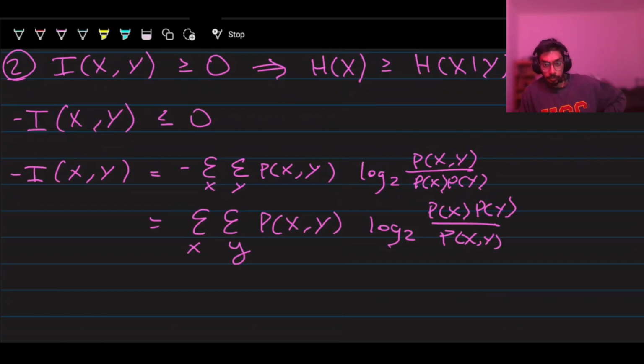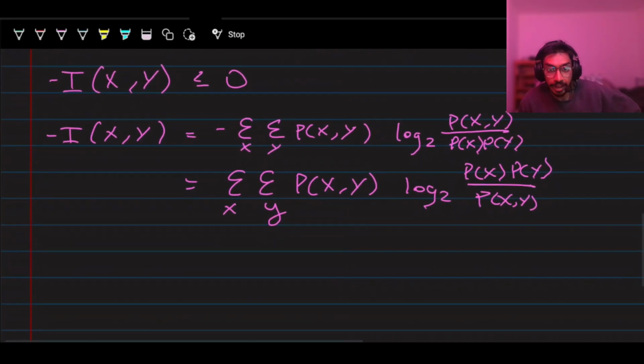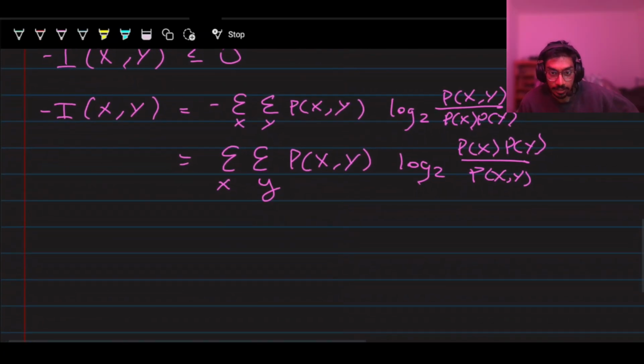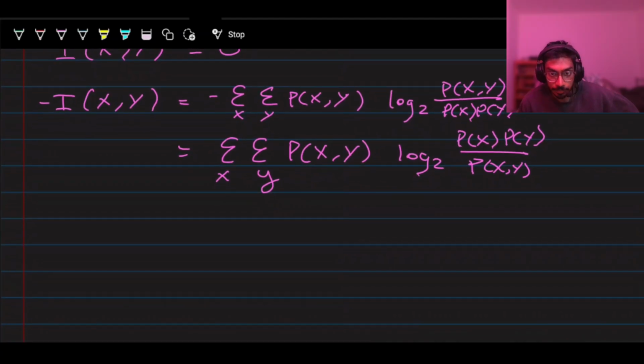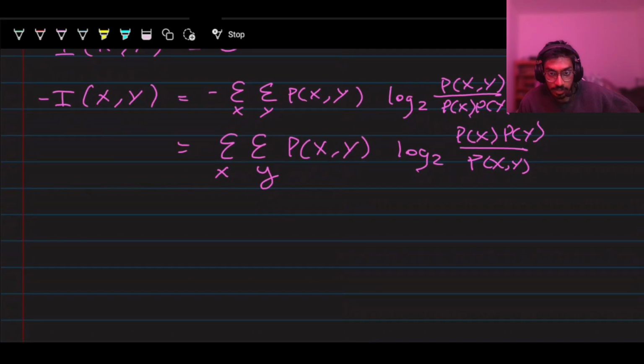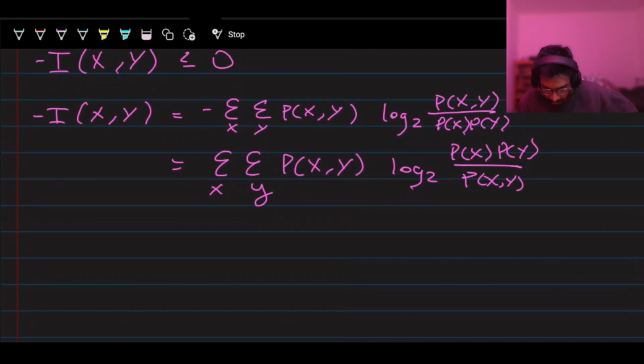Now this is the same as a random variable times a function g over some function of a random variable. This is actually the same as an expectation of some function g of our PMF, which happens to be the log.